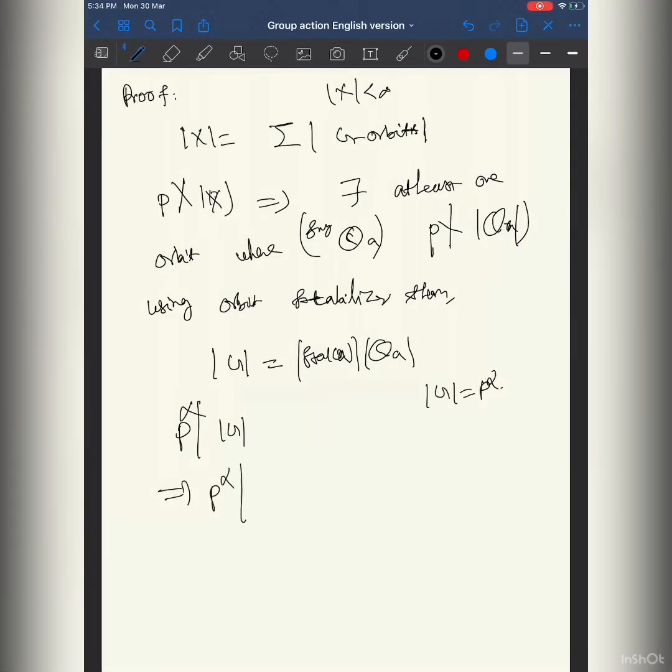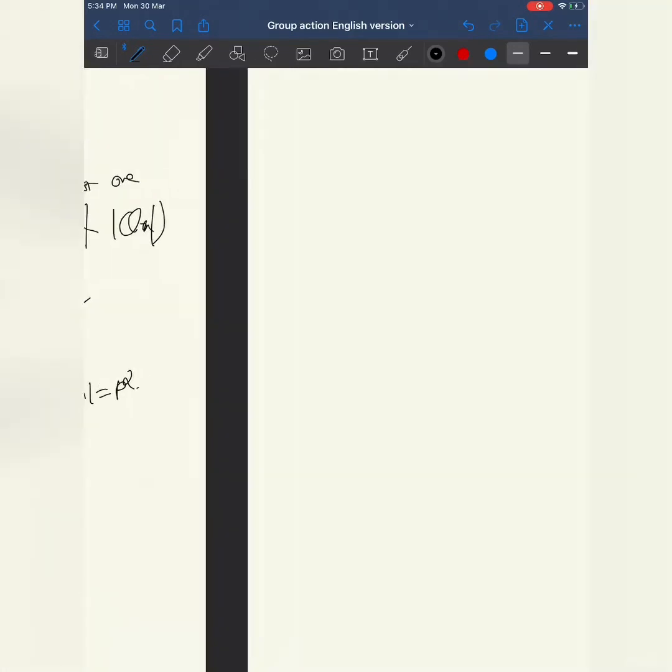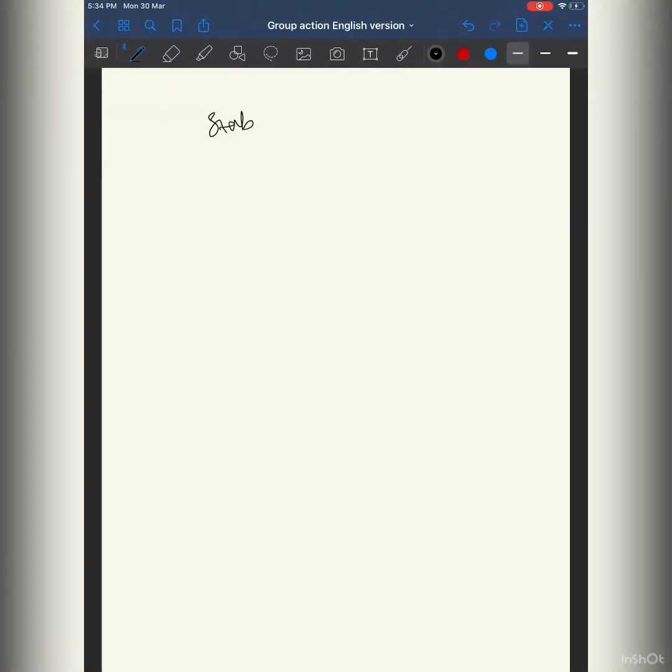divides the order of G. That implies P power alpha divides the stabilizer of A times the orbit of A, but P does not divide the orbit of A, so that implies P power alpha should divide the stabilizer of A, and that says the order of the stabilizer of A must be greater than or equal to P power alpha. But that is a subgroup of G, so that is less than or equal to P power alpha.